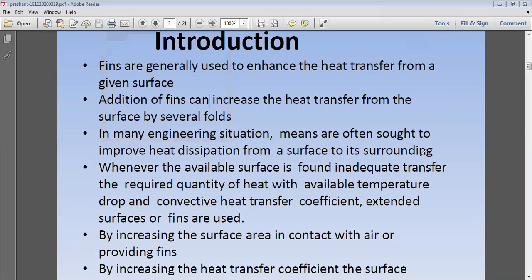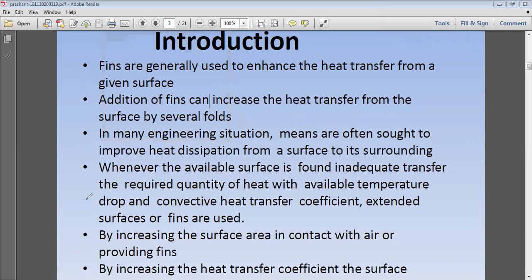You can see the engine part also, which has n number of fins over the surface of the cylinder, which increases the heat transfer rate to the surroundings. Likewise, any electronic component to be cooled also uses fins to liberate the heat to the surroundings.